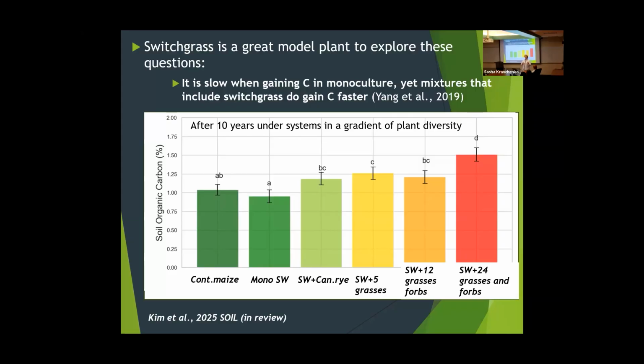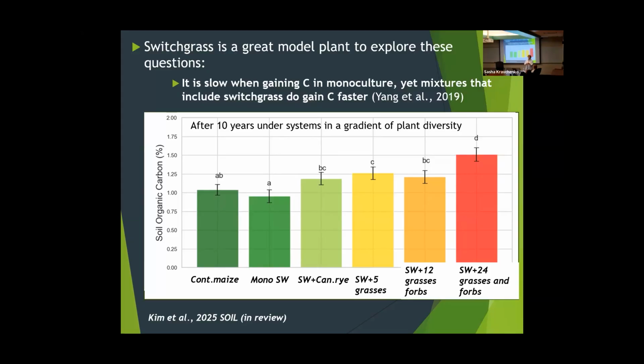So first of all, I should tell you why switchgrass. That's why we were so focused on switchgrass: it's currently regarded as a high potential bioenergy crop, a feedstock source for bioenergy and bioproducts creation, and it has a lot of benefits from that perspective. It has very large aboveground biomass that can be harvested for bioenergy and bioproduct production.